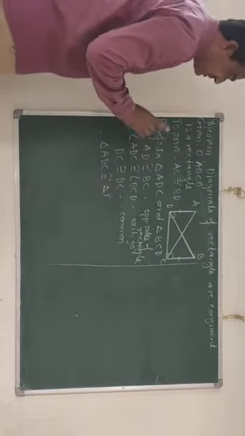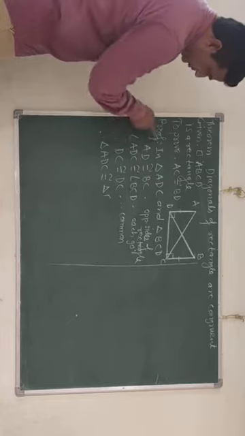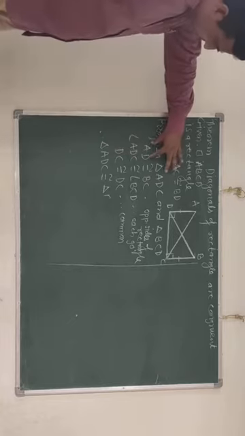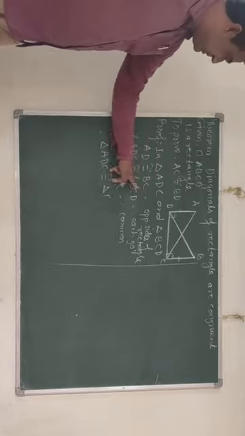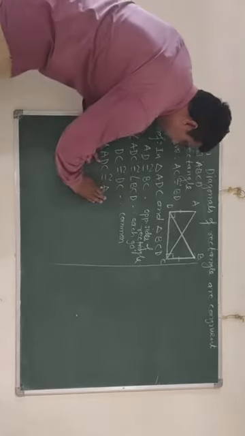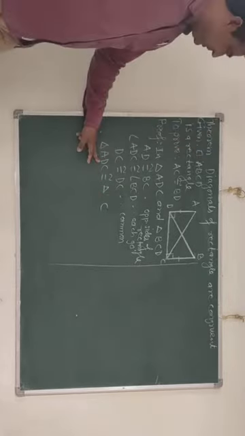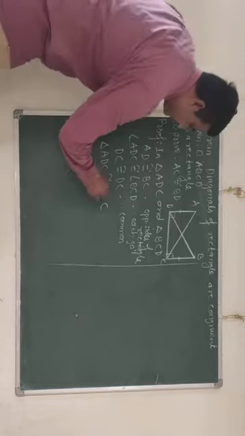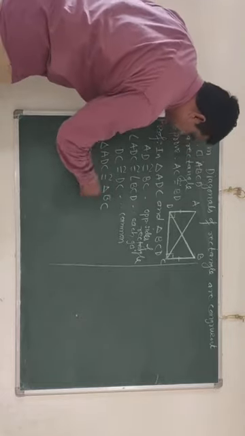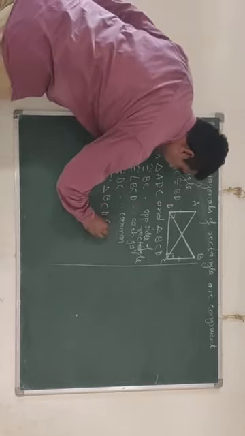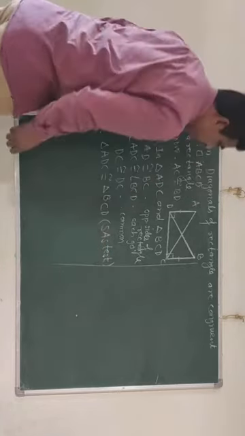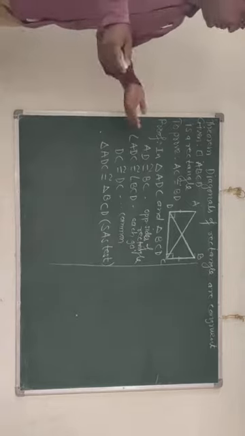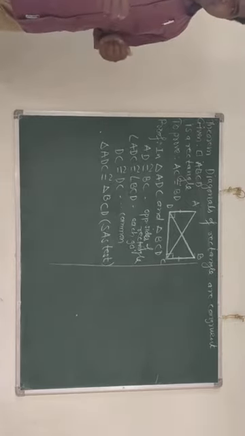Now check proper correspondence. A matches with what? Here, D is common on the left side, and on the right side C is common. So D matches with C, and your second letter is C. Now first letter: A matches with B. So A matches with B, D matches with C, the remaining letter matches with the remaining letter, by SAS test. And if two triangles are congruent, the corresponding parts are congruent.